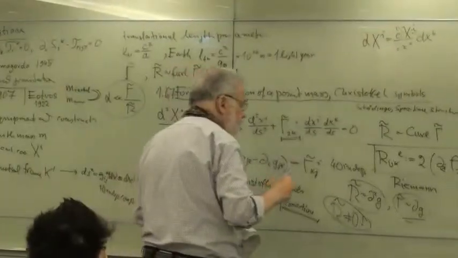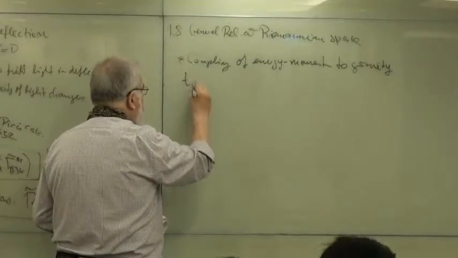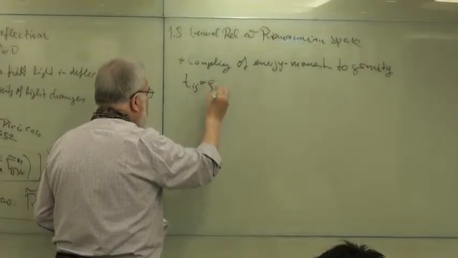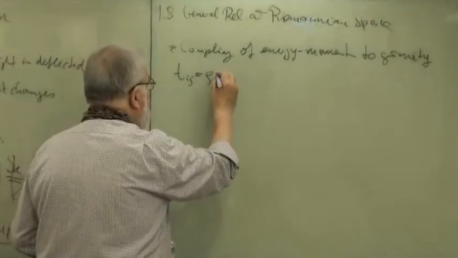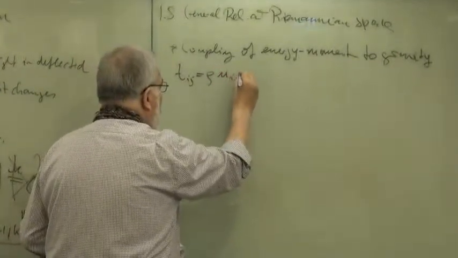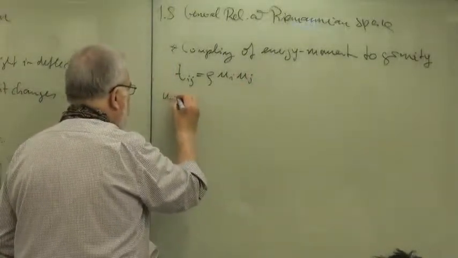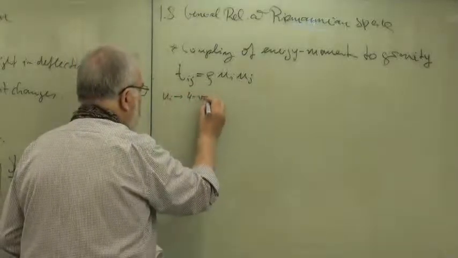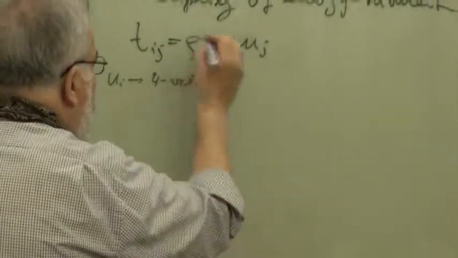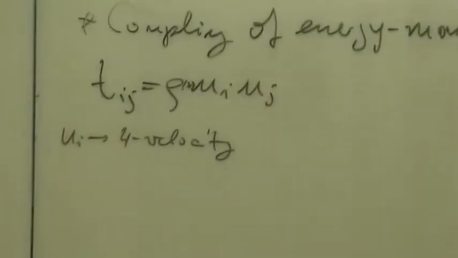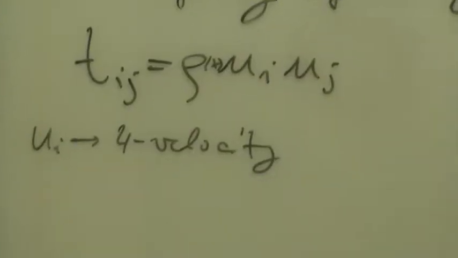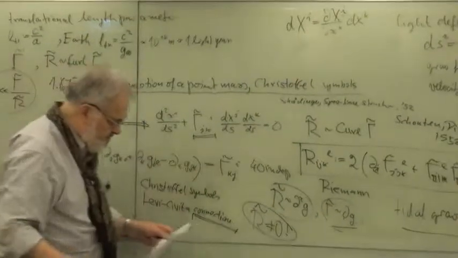If you take a dust particle, which has an energy momentum tensor, which I call T^ij, equal to rho, the density, times u^i u^j, for the velocity of the dust. You assume rho to be a slowly varying function of x, and you multiply it by the geodesic equation in curvilinear coordinates.